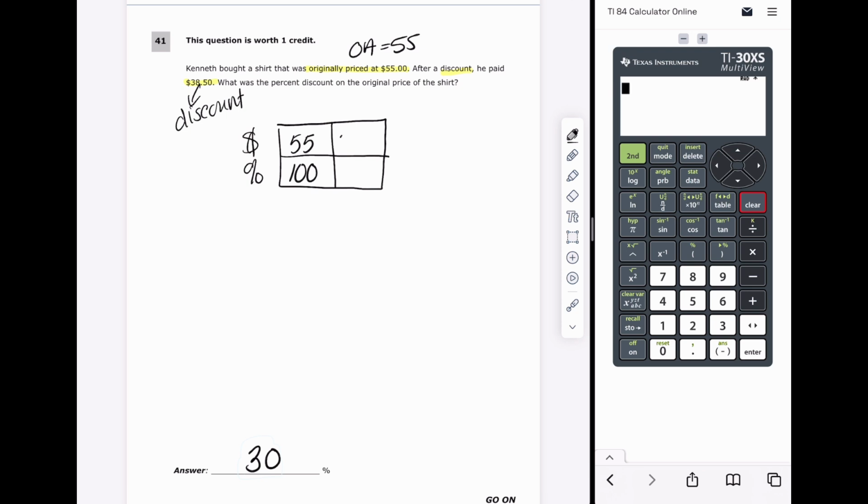And my new price is $38.50. So what percent is this? I can figure this out by just cross multiplying. So I'm going to multiply 38.50 times 100, and I get 3,850. And 55 times the number is 55N.